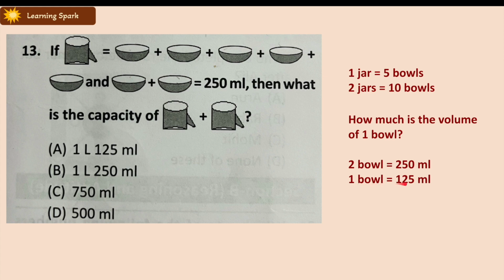And if one bowl equals 125 ml, the volume of 10 bowls is 1250 ml, which means 1 liter and 250 ml. 10 bowls equal 2 jars, and it has asked for the capacity of 2 jars. So the answer is 1 liter and 250 ml. So B is the answer.